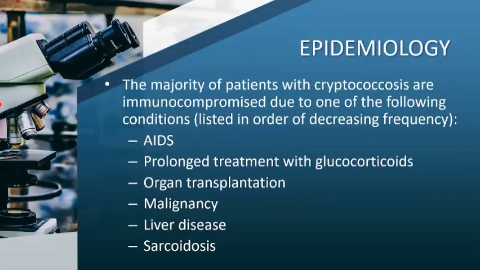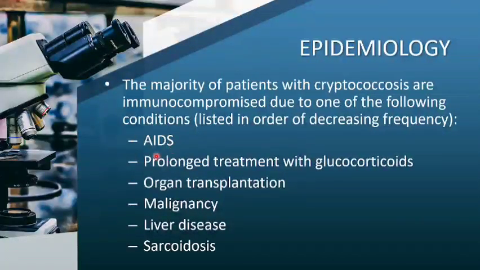So talking about the epidemiology, majority of individuals with cryptococcosis are immunocompromised. So here is a list of conditions which can cause you to be immunocompromised, in order, from the most common: AIDS patients, and then also think of prolonged treatment with glucocorticoids that could cause immunosuppression, organ transplantation recipients because they are on long-term corticosteroids, malignancy, liver disease, sarcoidosis.